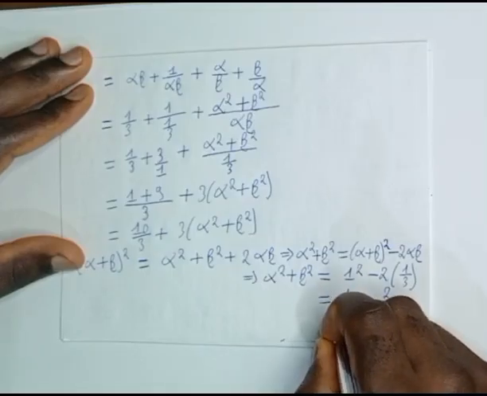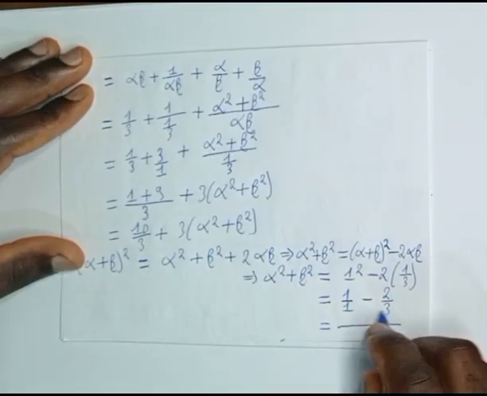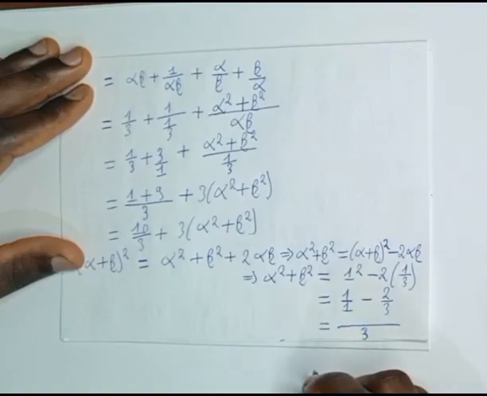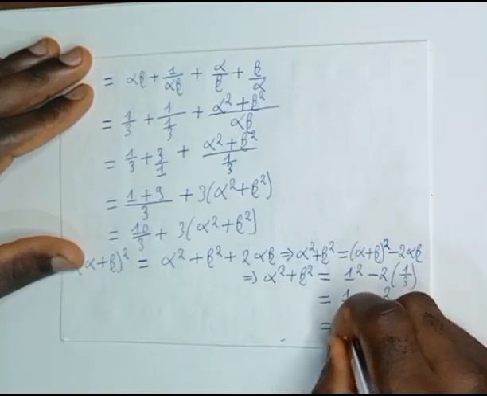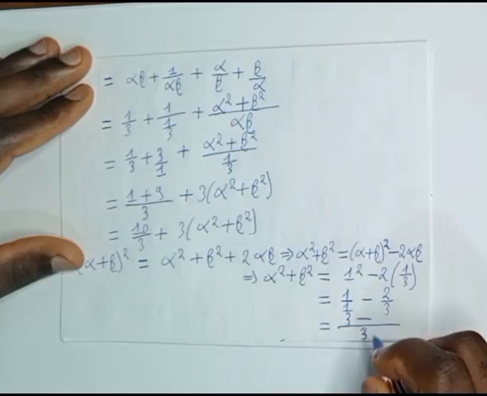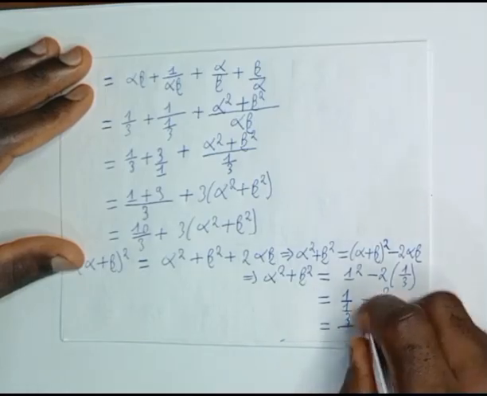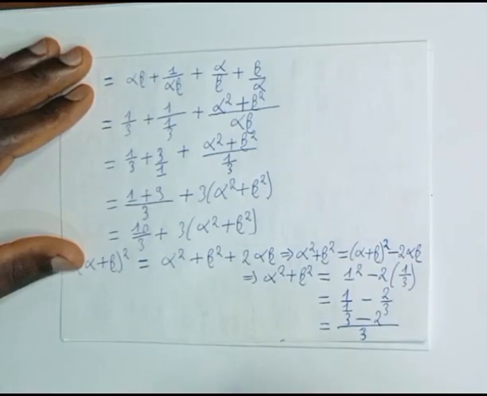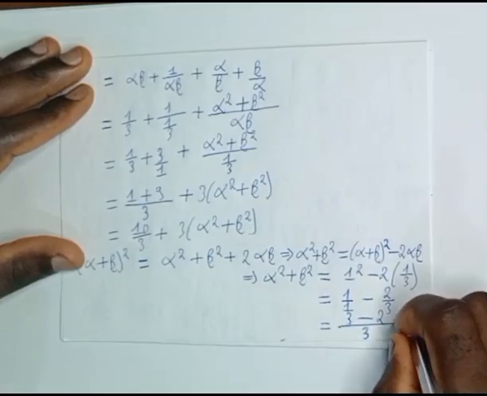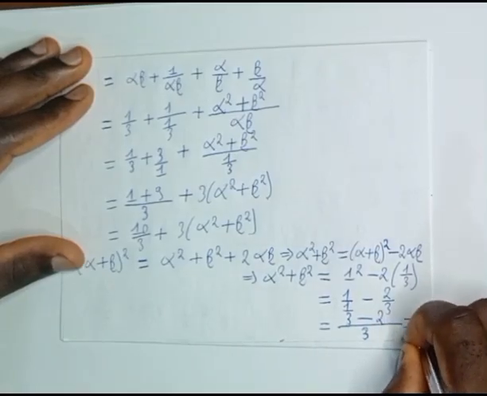The LCM of 1 and 3 is 3. 3 divided by 1 gives us 3 times 1, 3, minus 3 divided by 3 gives us 1 times 2, 2. 3 minus 2 gives us 1. So this will be equal to 1/3.